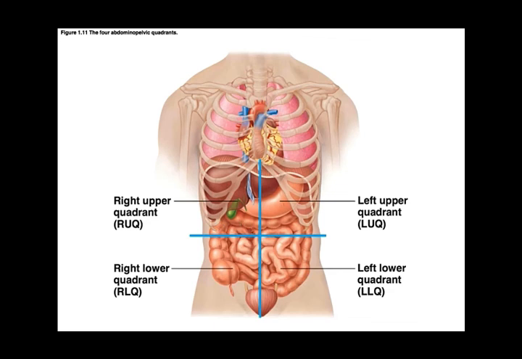Now you can see your right upper quadrant has your liver, and then some part of your stomach, and part of your large intestine is also located in the right upper quadrant. You can clearly see which part of the intestine is located there.